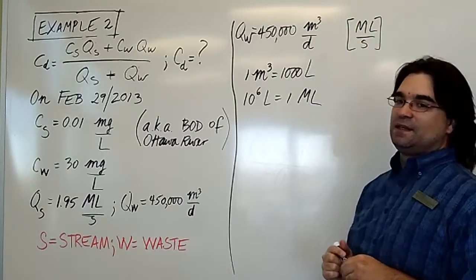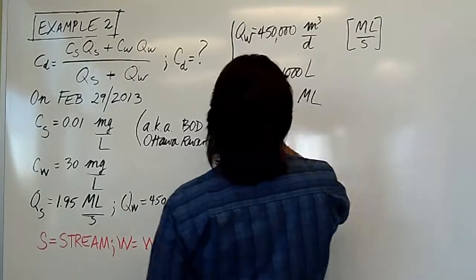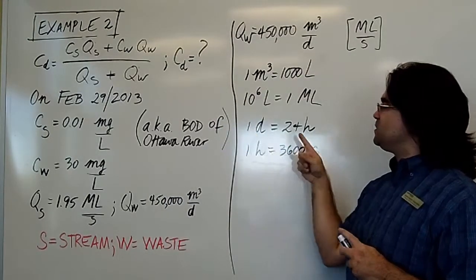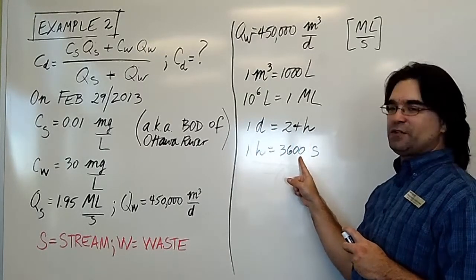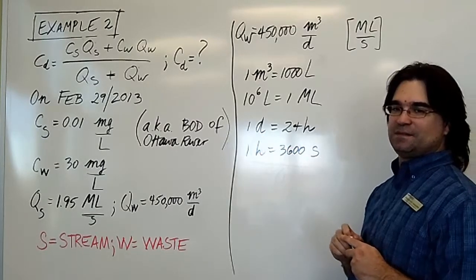We want to go from days to seconds. You think you'd know how to do that? Let's try. 1 day is equal to 24 hours. 1 hour is equal to 3,600 seconds. So I can go from days to seconds.